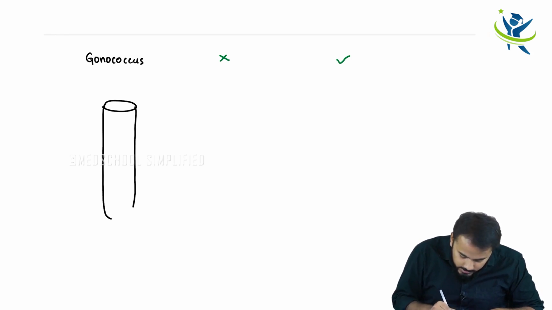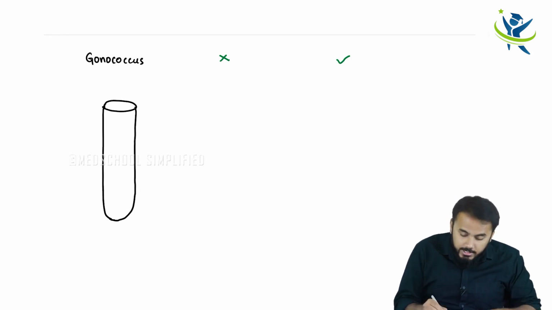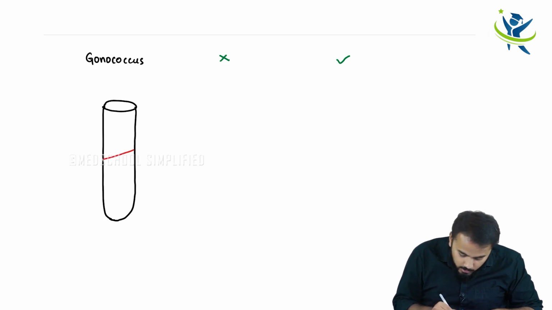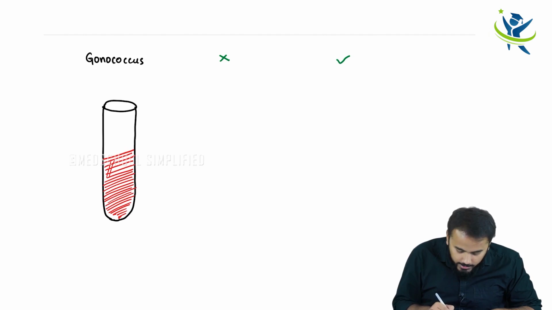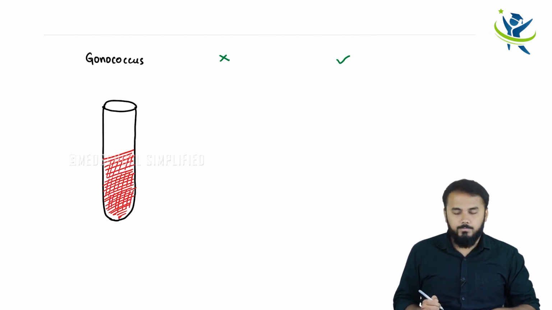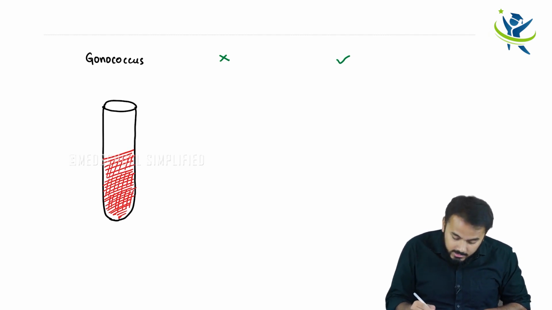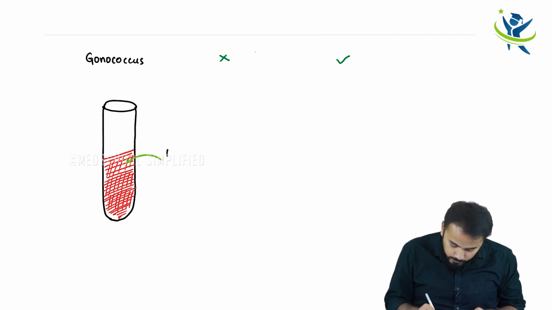Okay. So in this test tube, you add two reagents. One is called phenol red. So that is the reason why I am drawing it in red color. Okay. So you add phenol red. Along with the phenol red, you also have to add maltose. Okay. So what did I add in this test tube, guys?